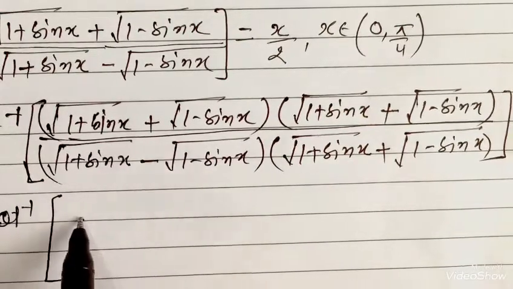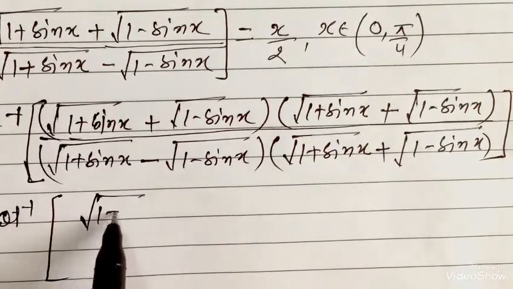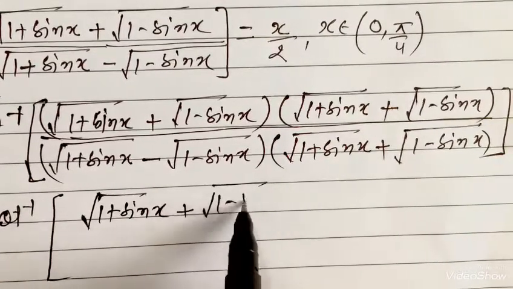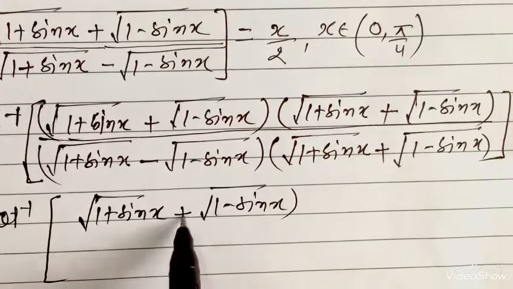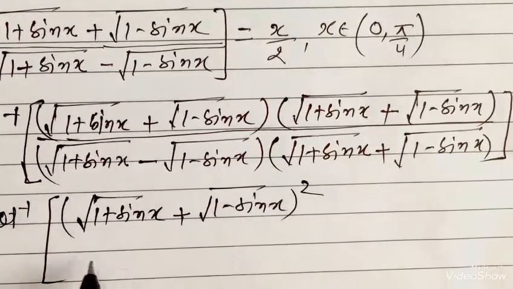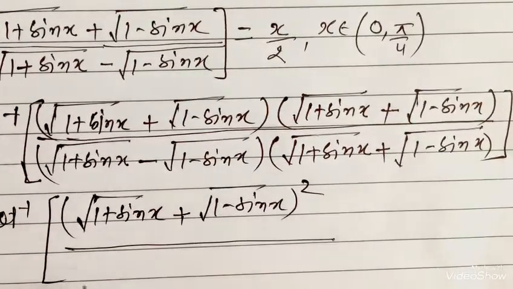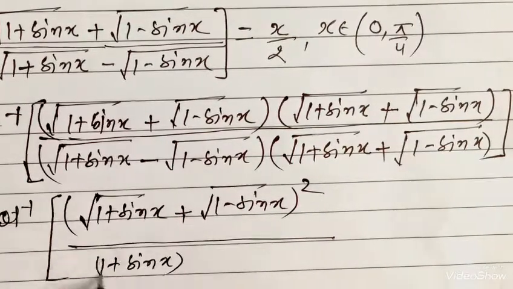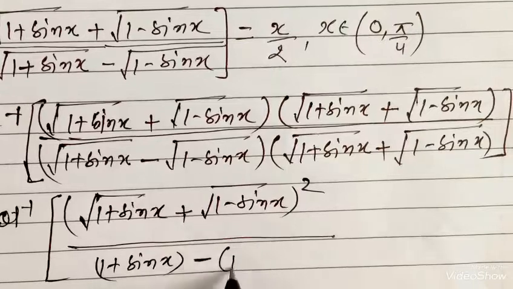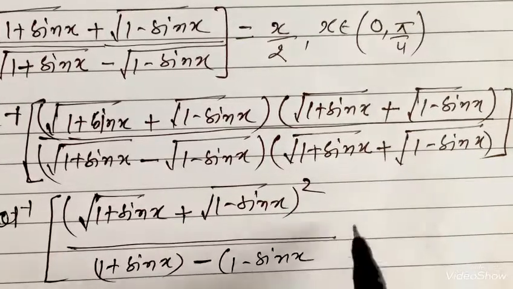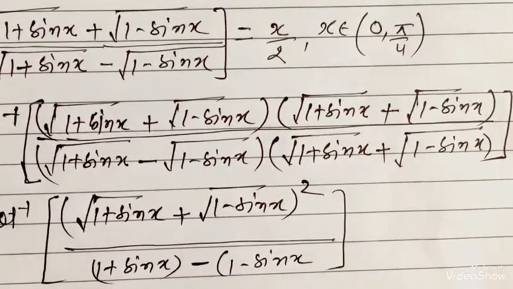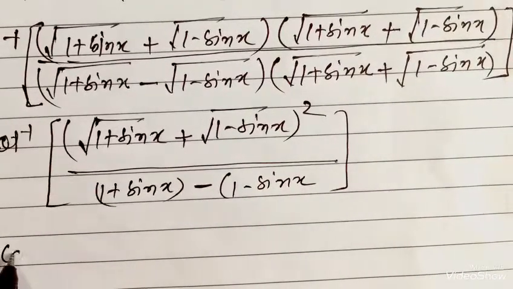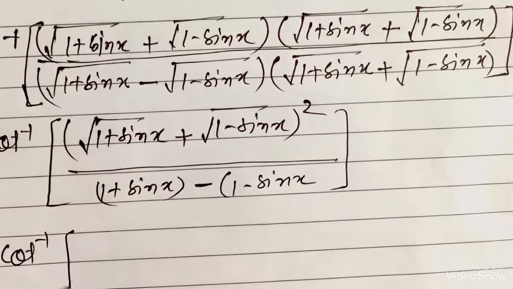If we expand it, in the denominator it is 1 plus sin x minus 1 minus sin x, using the a plus b, a minus b identity. In the next step, it's cot inverse.